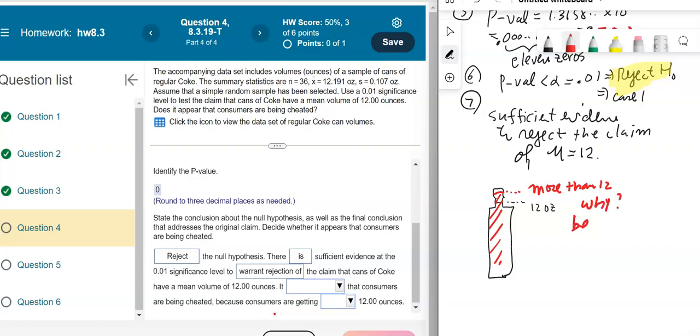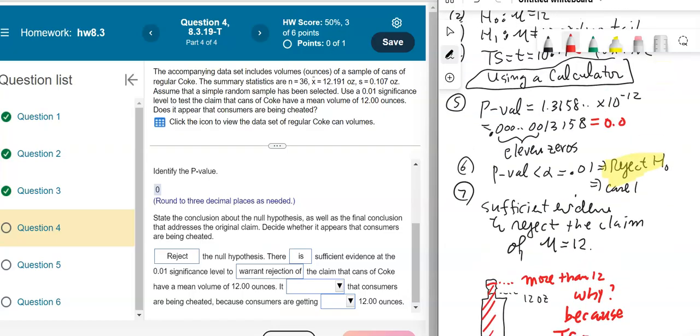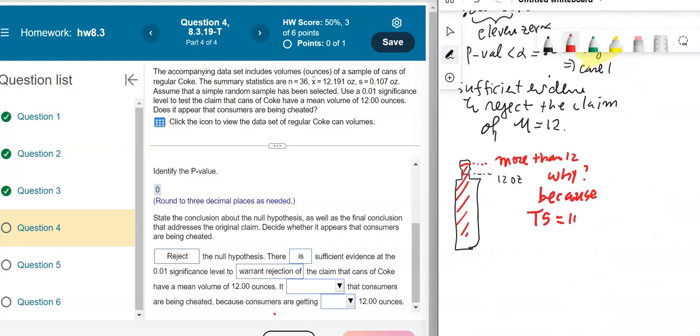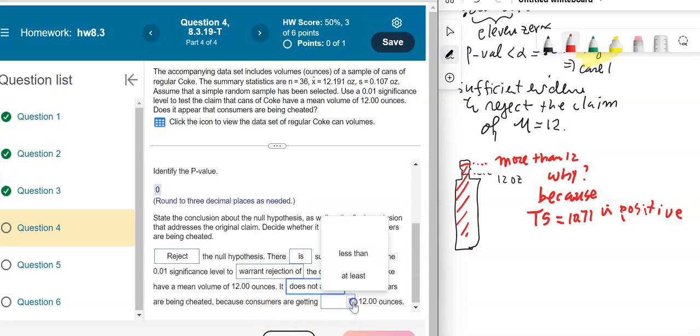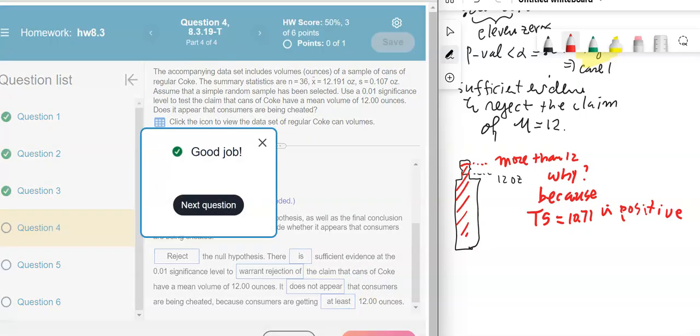Because the test statistic, 10.71, is positive. So actually you're not getting cheated. You're actually getting a little more. The thing is, it's not 12 ounce. That's what it means. So it does not appear the consumer is cheated, because consumers are getting more than, or at least, 12 ounces.